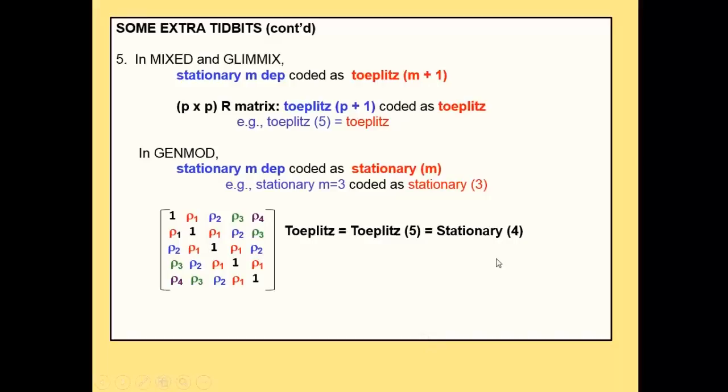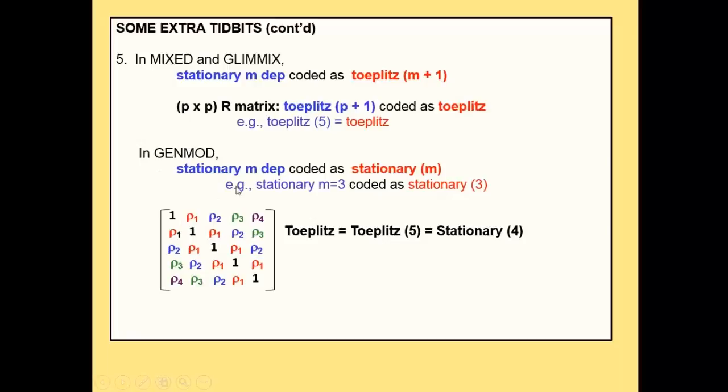Now, the thing about this slide is that GlimMix and GenMod have different terms for stationary. That's what I have on this slide. GlimMix and Mixed call that correlation structure Toeplitz, and GenMod calls it stationary.